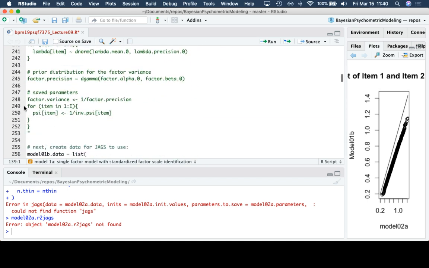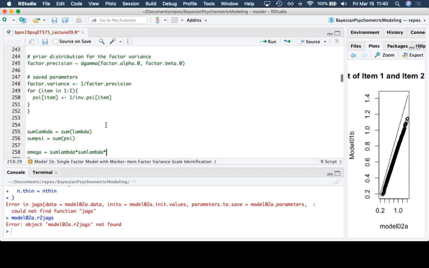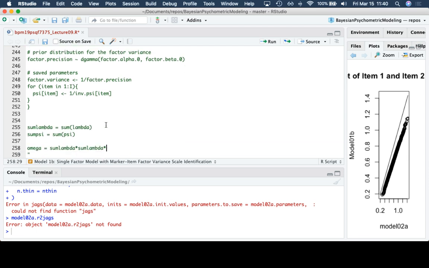I need to go here. This one. Here we have sum lambda times factor variance, right? Divided by, plus sum psi.